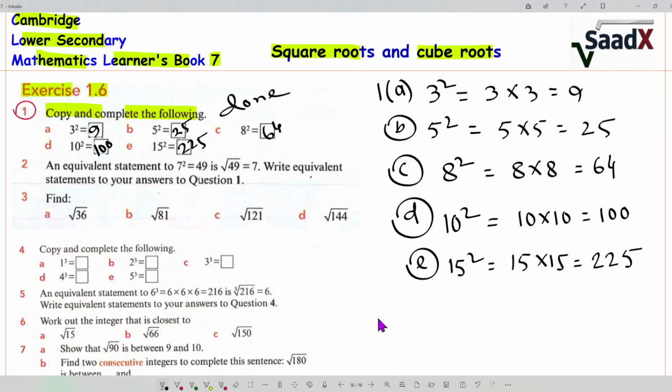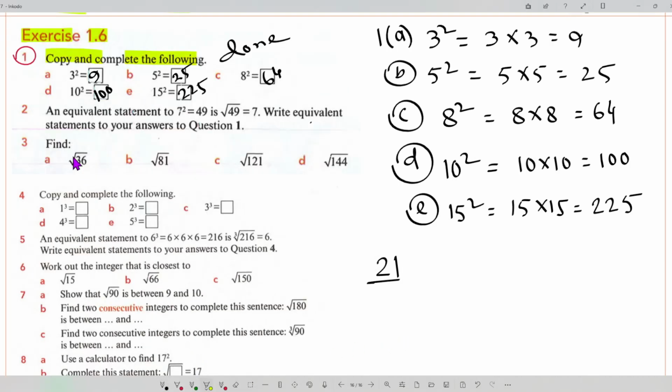Now number 2. An equivalent statement: 7 squared equals 49 is root 49 equals 7. Write equivalent statements to your answers to question 1. So what does this mean?